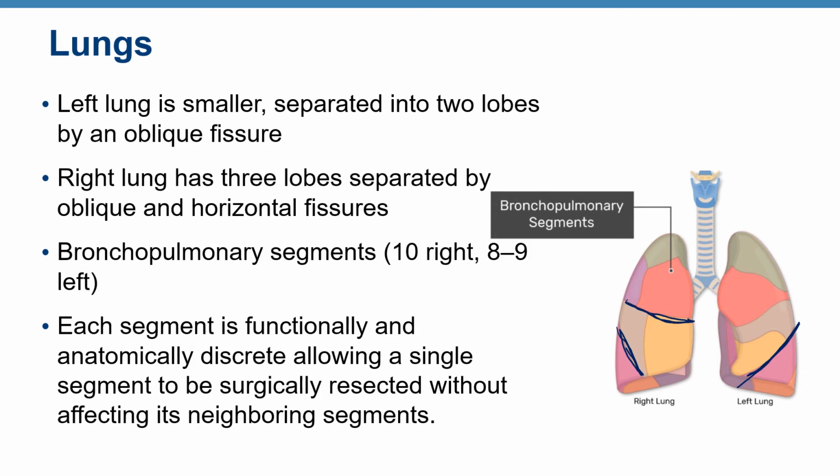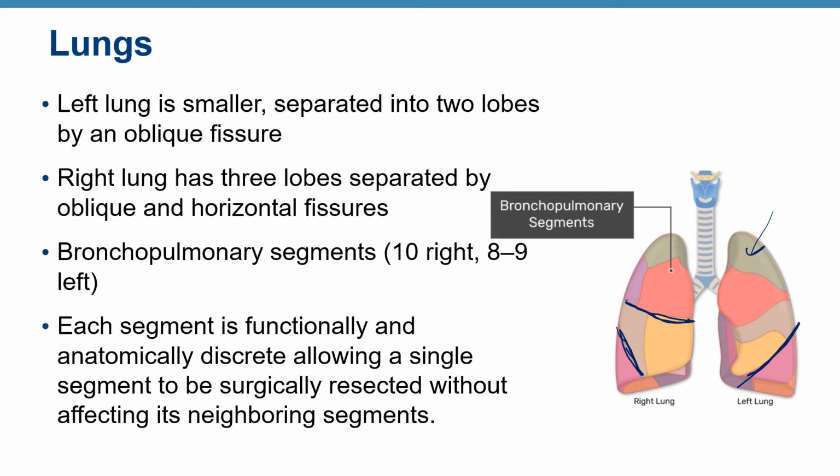And also your lungs are divided into bronchopulmonary segments. So if you look over here and see all these different colors, those are bronchopulmonary segments. We have 10 on the right side and 8 to 9 on the left. And each segment is functionally and anatomically discrete, allowing a single segment to be surgically resected without affecting its neighboring segments.